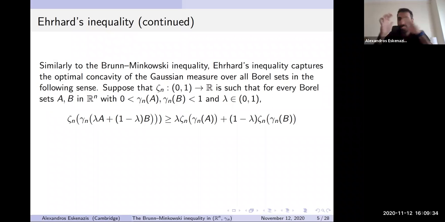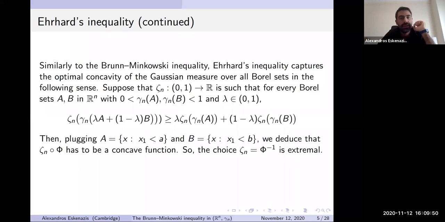Notice that in the previous case, the function phi inverse does not depend on n, but in principle, you could believe that as the dimension increases, you get a better or a worse inequality. So suppose that we have this function zeta n, and then plug in A and B to be parallel half spaces.